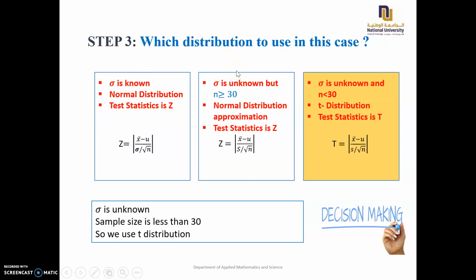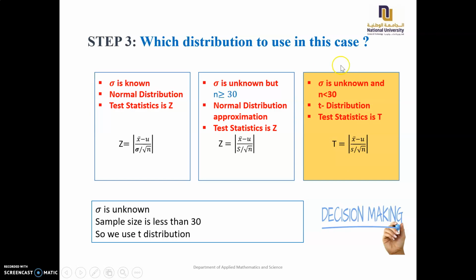Since your population standard deviation is unknown, it is one of these other distributions you use. Your sample size is not bigger than or equal to 30, so you can't say that we will follow the normal distribution approximation. It means you will follow the last one, because your sample size is 10, which is less than 30. In that case, you have to use the t distribution.